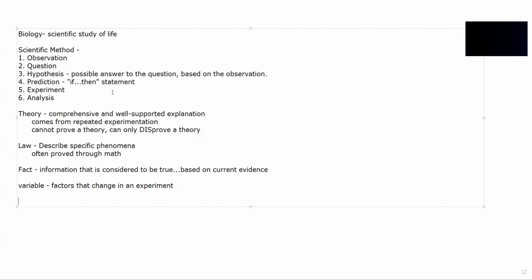In addition to variables, you're going to have something called, actually, I'll do experimental group first. An experimental group is the group that's going to receive the variable, the factor that's being changed.